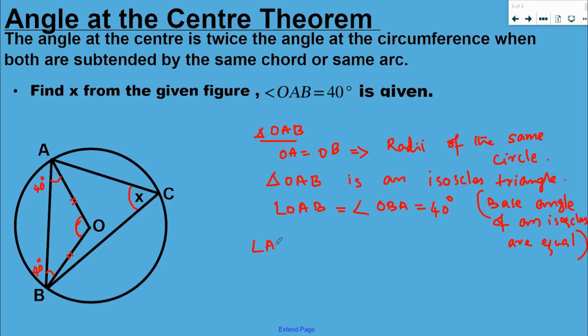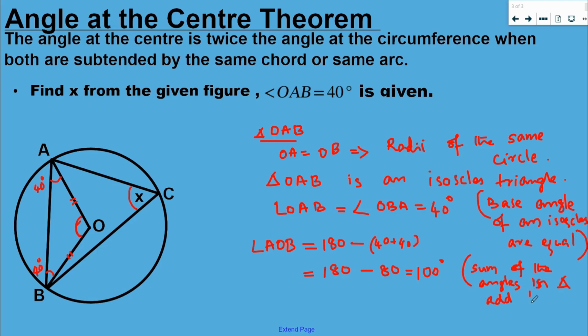Angle AOB is going to be 180 take away, if we add 40 plus 40, 180 take away 80, equals 100 degrees. So you have to write the reason: sum of the angles in a triangle. Angles in a triangle add up to 180.